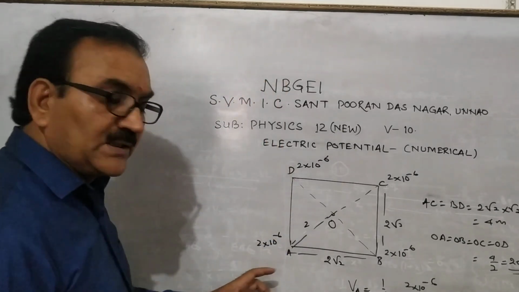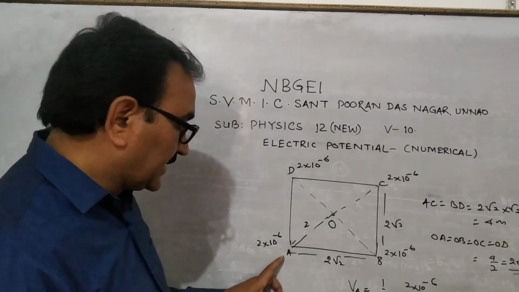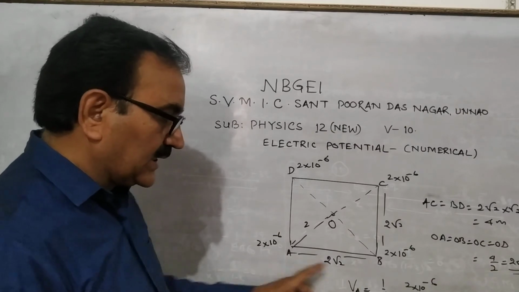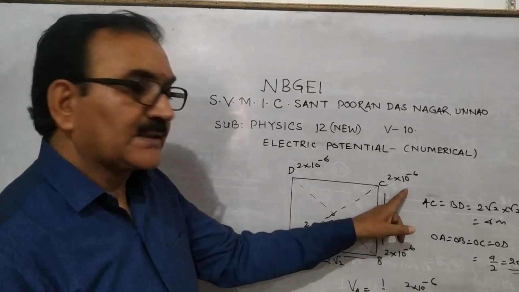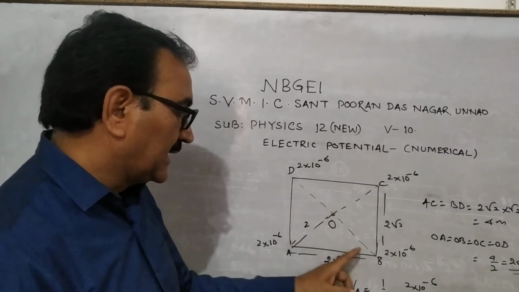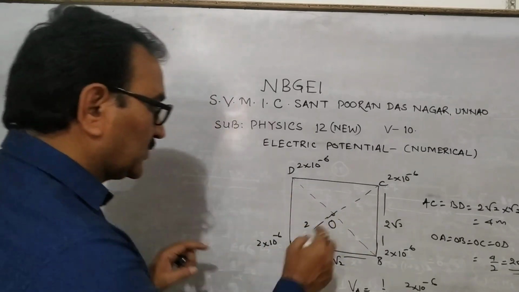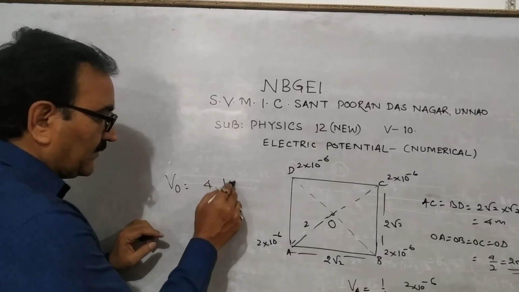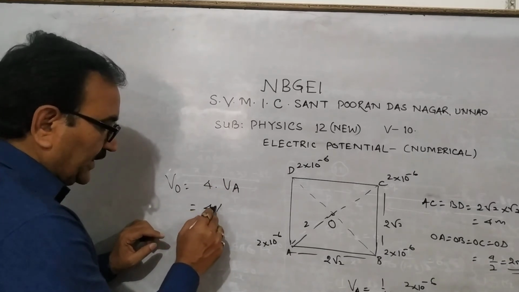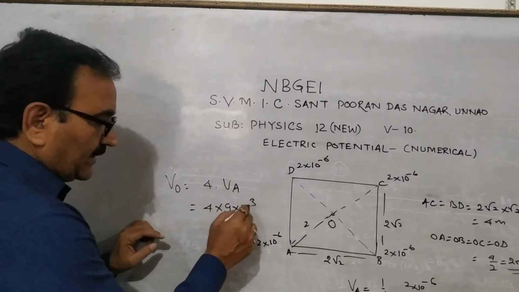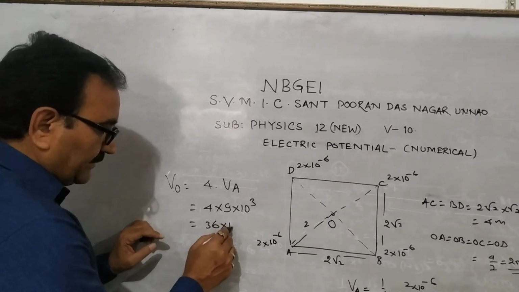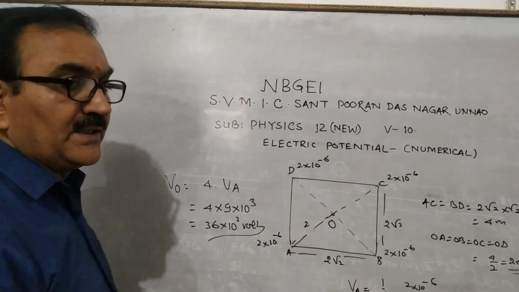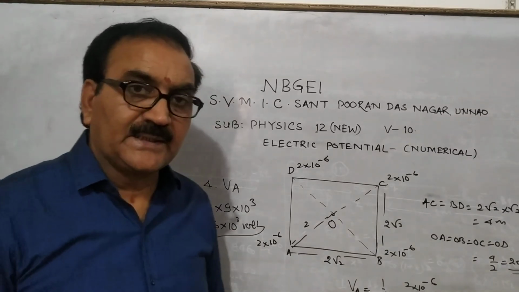This is the potential due to the charge placed at the corner A. What about the magnitude of the other charges? This also has the same, this also, and this is also same. So V is equal to 4 times of VA. So 4 into 9 into 10 to the power 3, that is 36 into 10 to the power 3 volt. So you can calculate potential at the center.